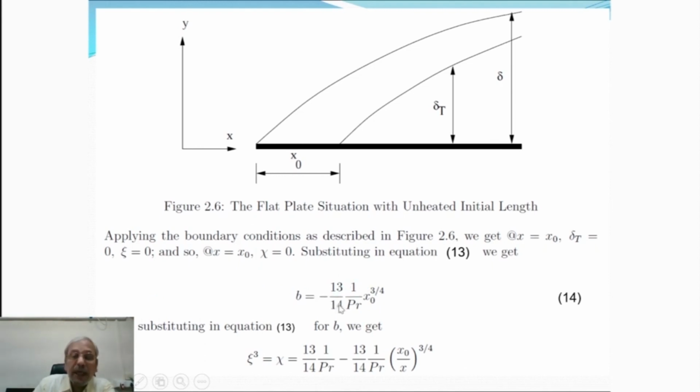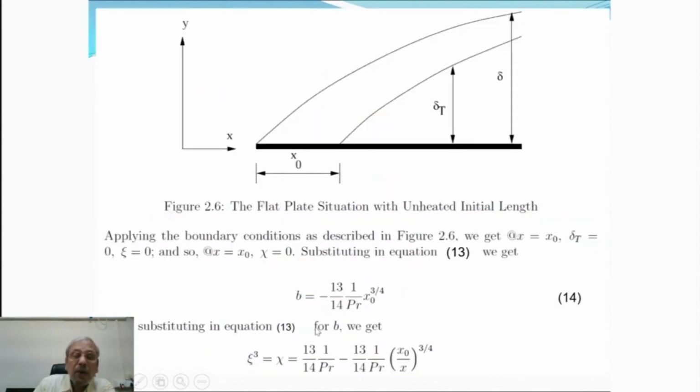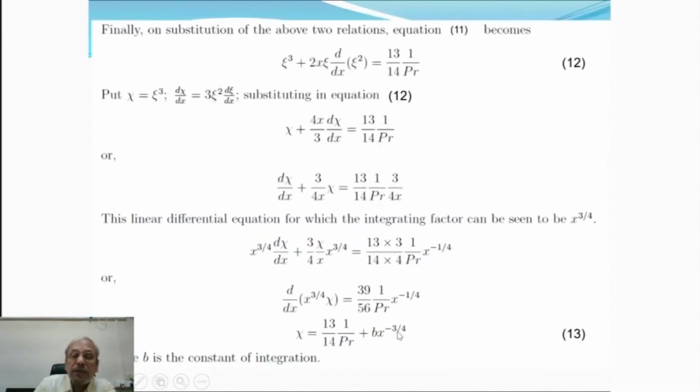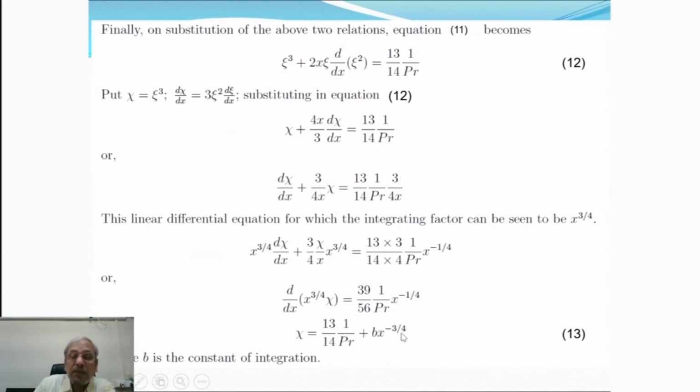So when we get b, then we get the complete expression for chi. So chi becomes 13 by 14, 1 by Prandtl number minus 13 by 14, 1 by Prandtl number, x naught by x, because in the expression it is b x to the power minus 3 by 4, and this is x naught by x to the power 3 by 4.